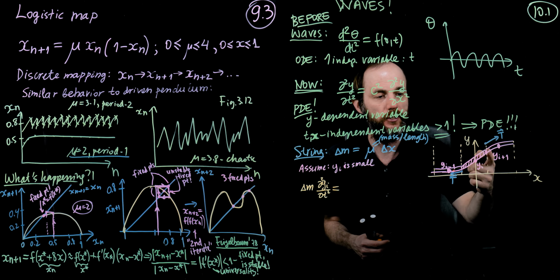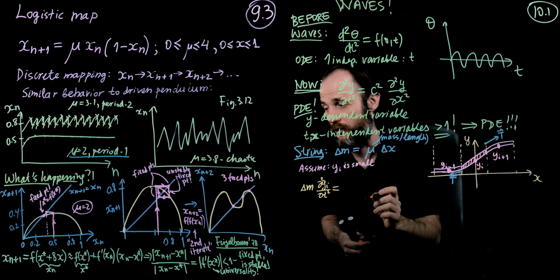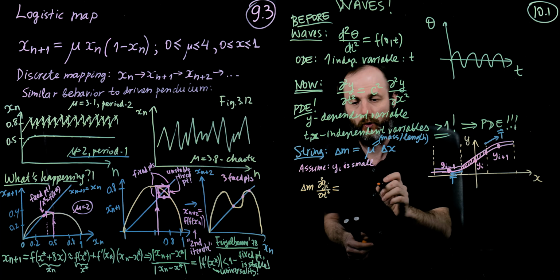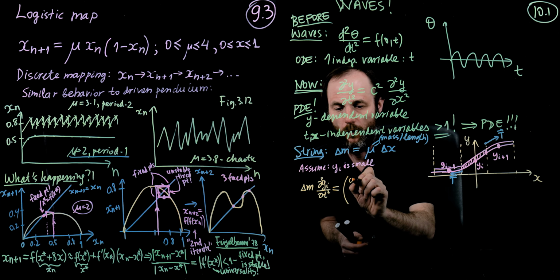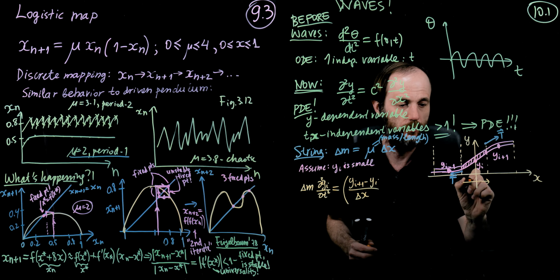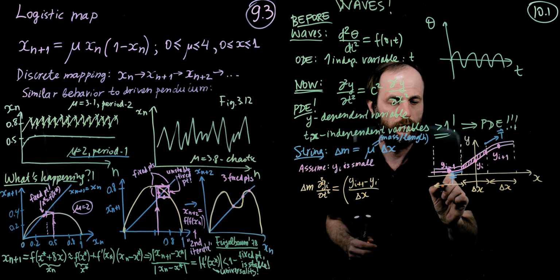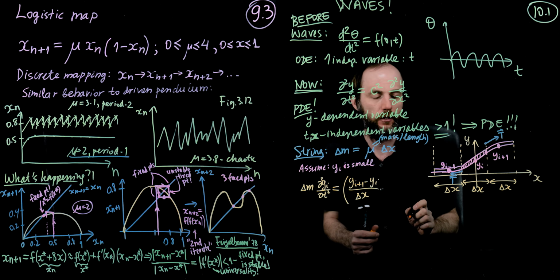So there will be T_y over here minus T_y over there, and we can write them in the following way: yi plus 1 minus yi divided by delta x, where delta x is going to be this and that, and also that.